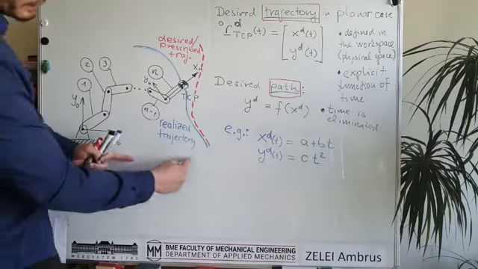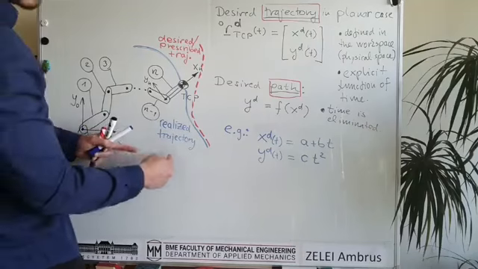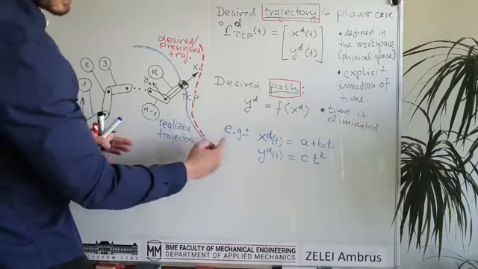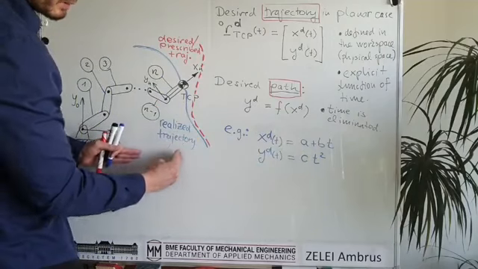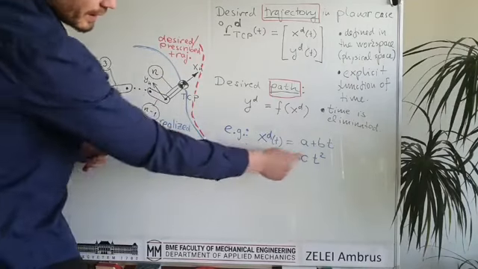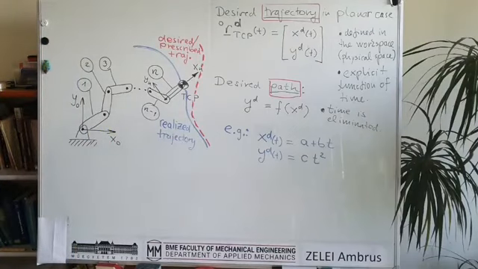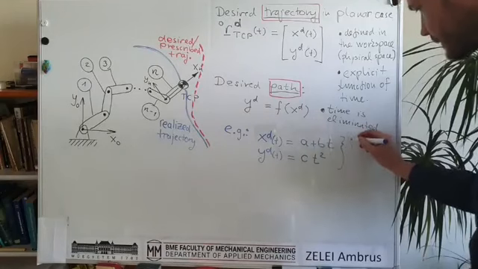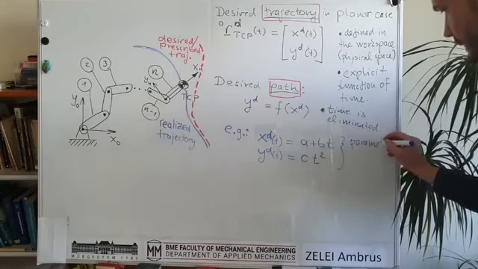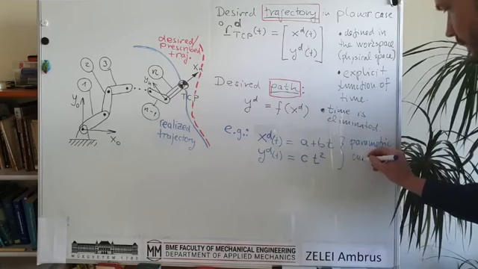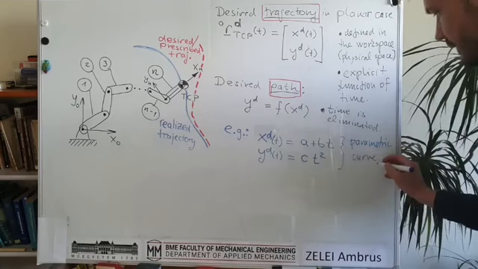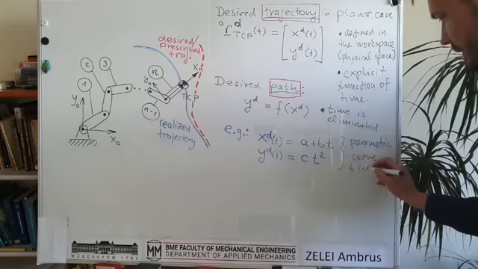Okay, so this is a path like this, or trajectory like this. So in horizontal direction, it goes linearly with time, but in vertical direction this is a paraboloid or something. And you can say that this is a parametric curve, and t is a parameter.